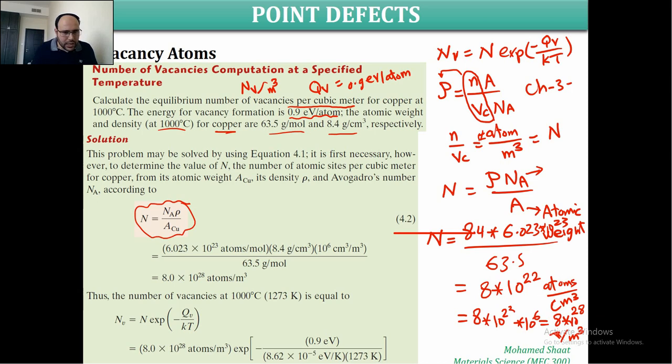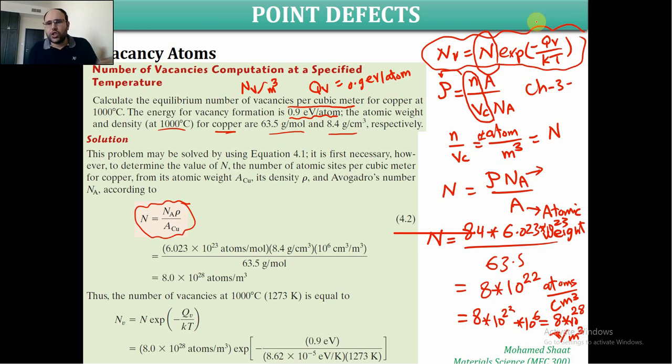But unfortunately, some of these 8 times 10 to the power 28 atoms are missing. How many atoms are missing? This is the number of vacant atoms, or the equilibrium number of vacancies, NV, that we need to calculate. You should use this expression. What we have done so far is calculate N, the number of atoms in 1 meter cube of this material.